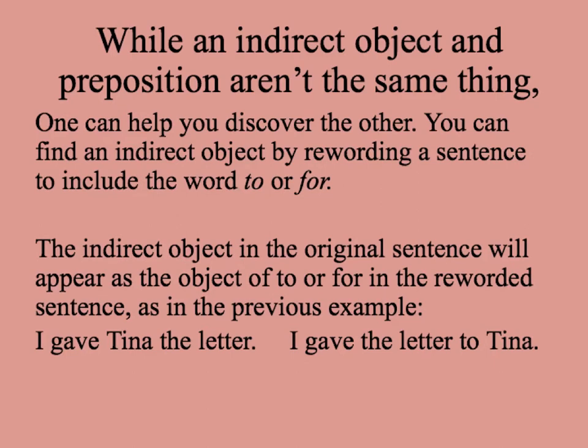More on that. While an indirect object and preposition aren't the same thing, one can help you discover the other. You can find an indirect object by rewording a sentence to include the word to or for. The indirect object in the original sentence will appear as the object of to or for in the reworded sentence, as in the previous example.